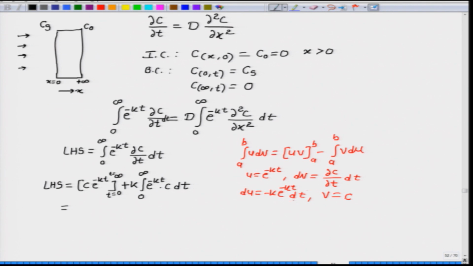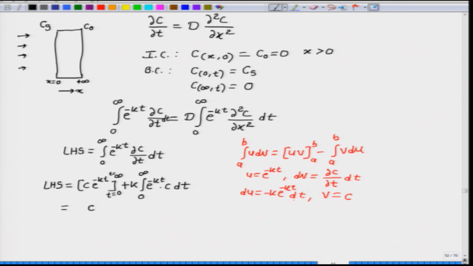So, this first term will be 0 minus, at t equal to 0, the exponential minus k t becomes 1, and c at t equal to 0 will be 0. So, c naught is 0; c at t equal to 0 at any x is 0.